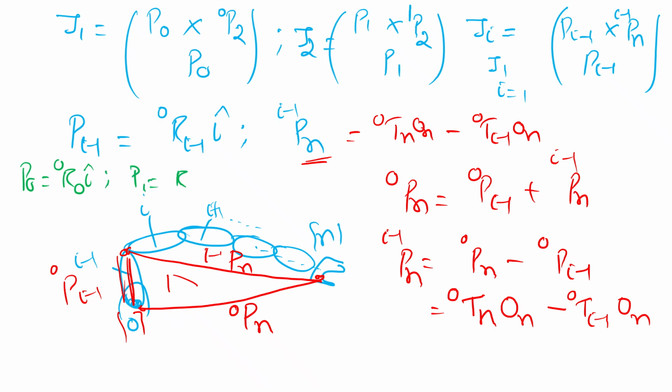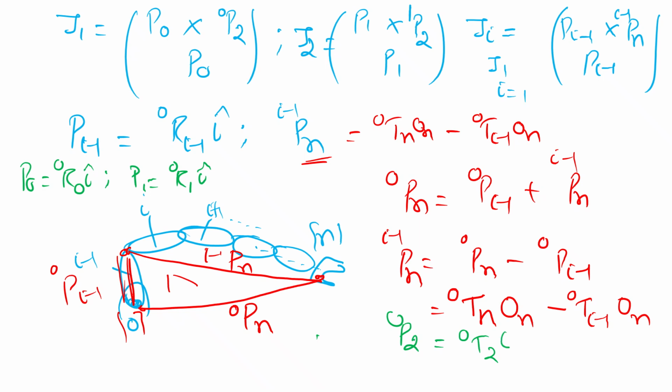P1 is R1, because the same thing should appear here: R1,0 times the unit vector. That's all. Then I have to give P2,0. So what is P2,0? The formula is T2,0 O2 minus T(i-1), the same thing.